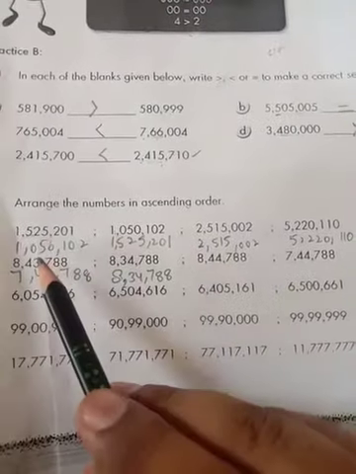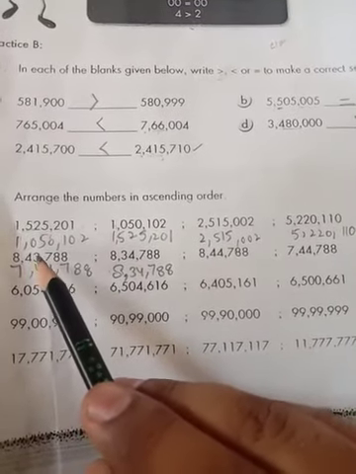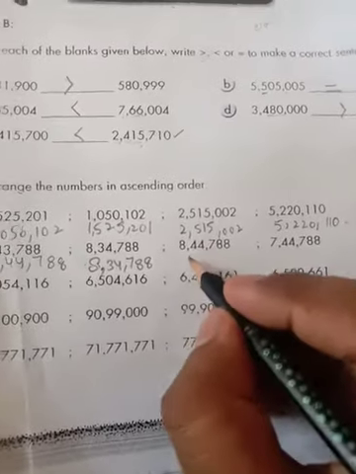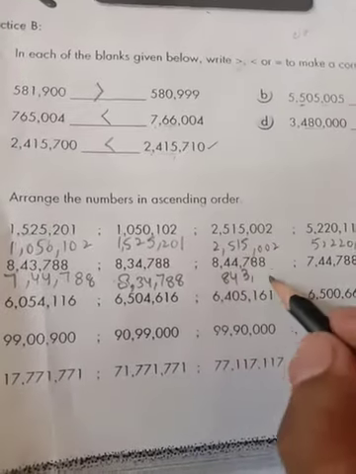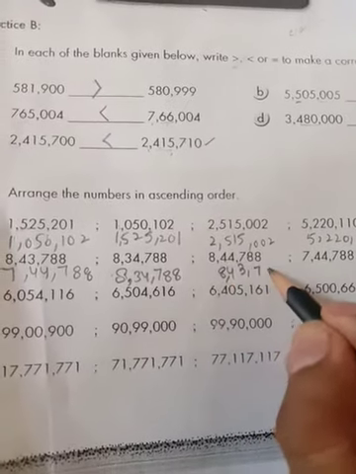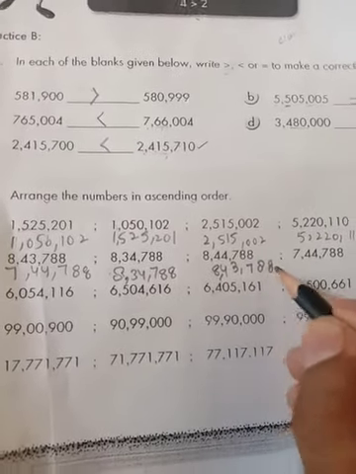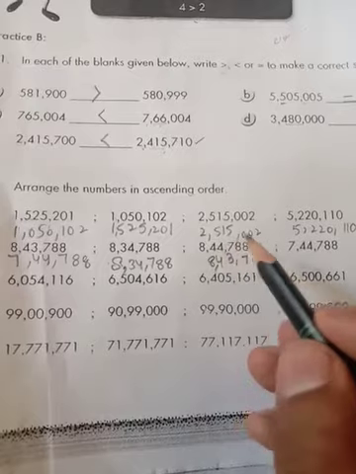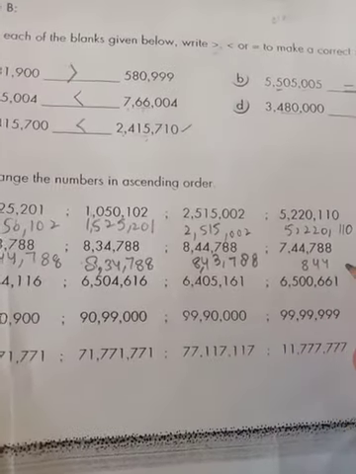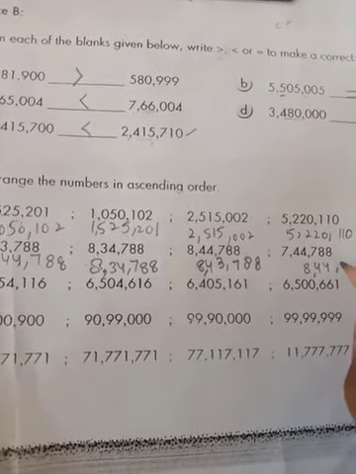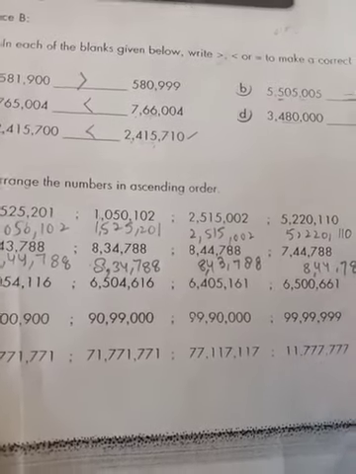After this we will write 8 lakh 43,000. In the last we will write 8 lakh 44,000.